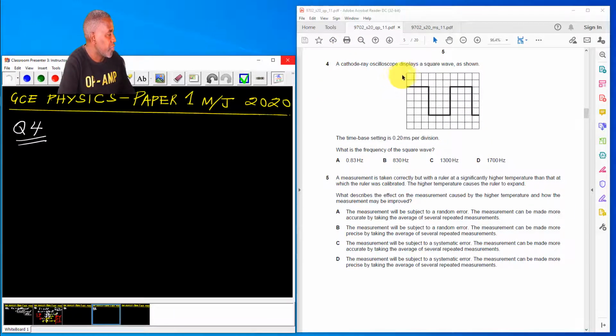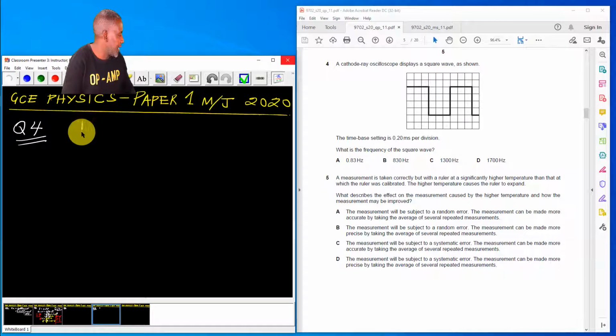A cathode ray oscilloscope displays a square wave as shown. The time-base setting is 0.20 milliseconds per division. That is a small division like this. What is the frequency of the square wave? At this point, we want to identify that point where this signal makes one oscillation.